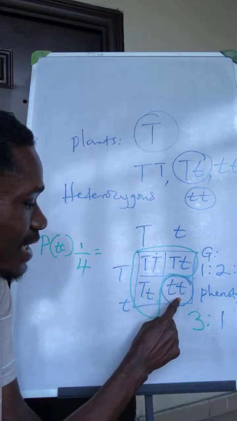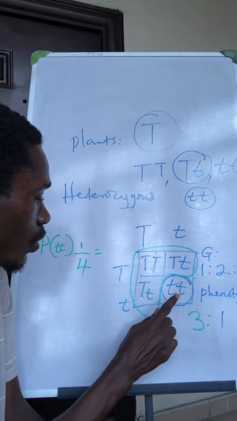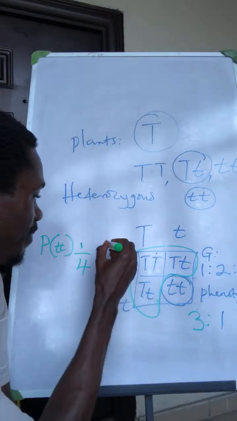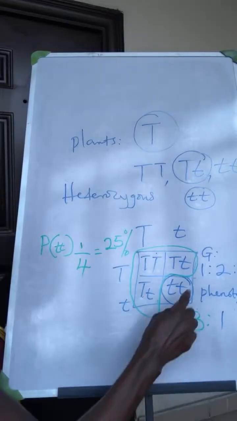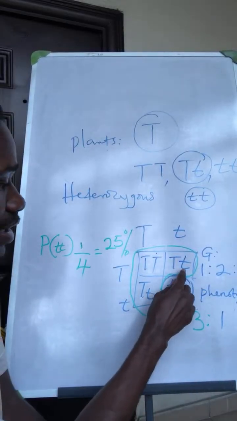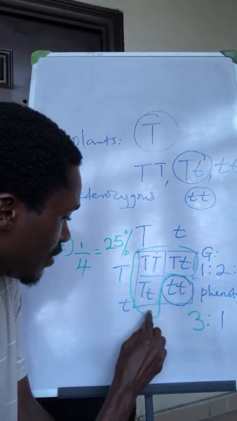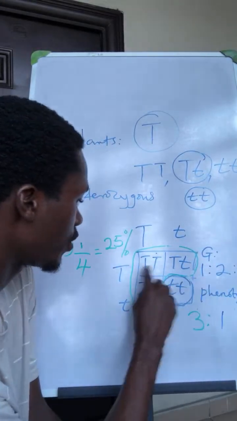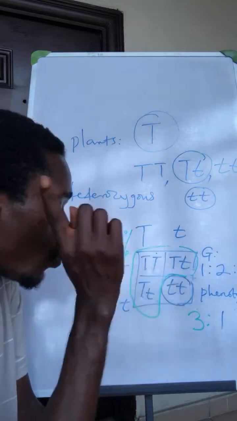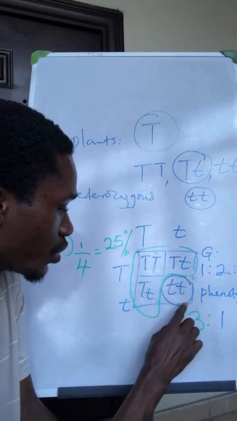This thing just happened here once. So the percentage here is just 25%. It's just this one. So 75% of the offspring are going to be tall. Only 25% is going to be short, which is this one.